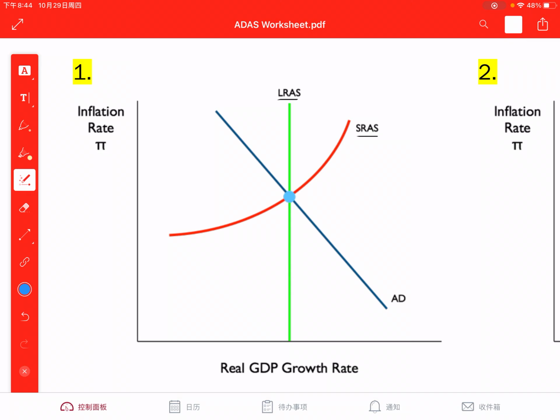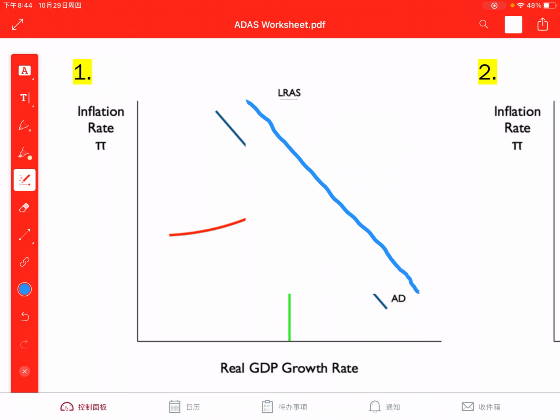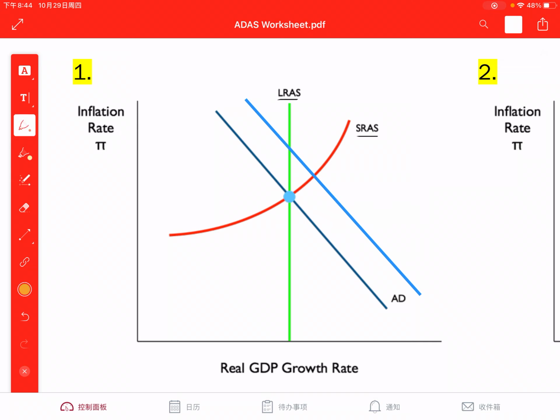So the first situation is when people are willing to buy, when there is more demand. For example, people are more confident with investing, or there is a faster money supply growth. So this will move the aggregate demand to the right, like this, and then we're going to have our new aggregate demand curve.